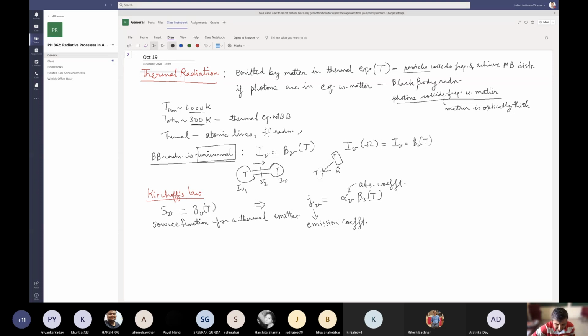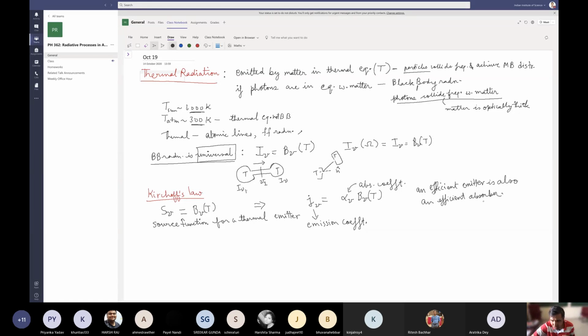So Kirchhoff's law states that an efficient emitter is also an efficient absorber, right?